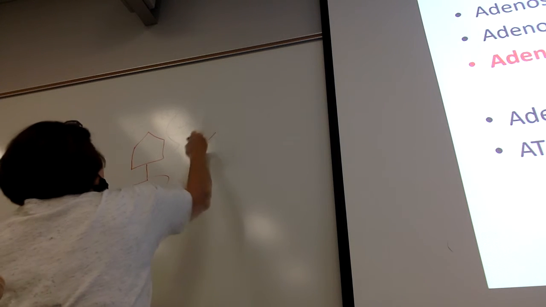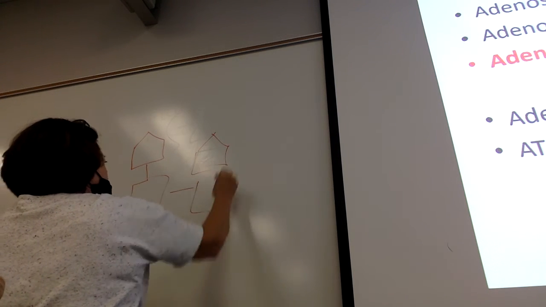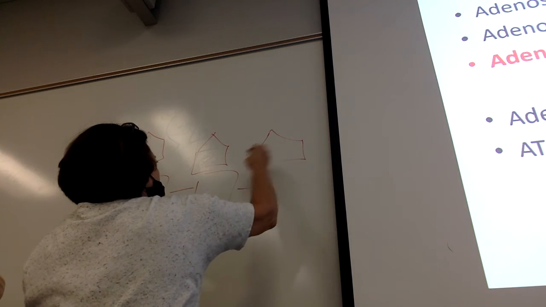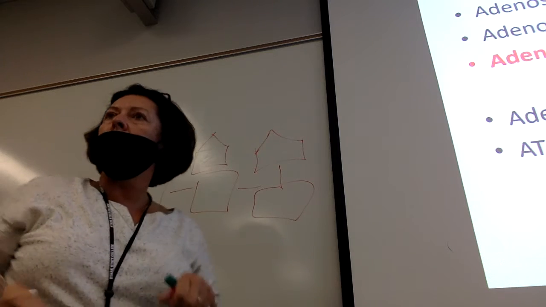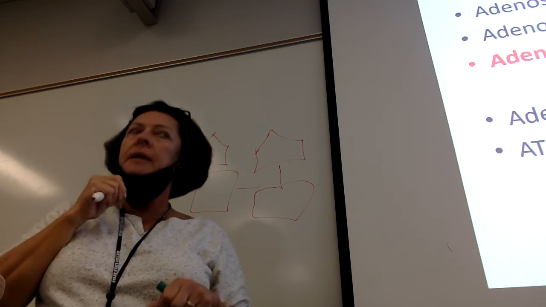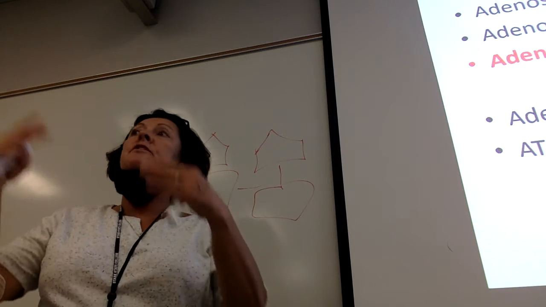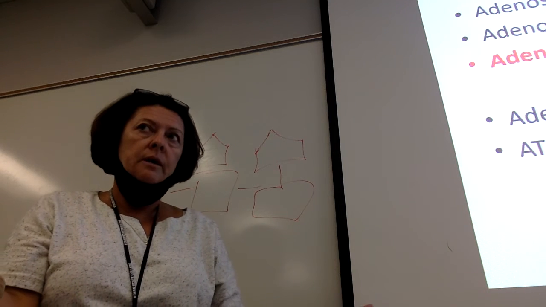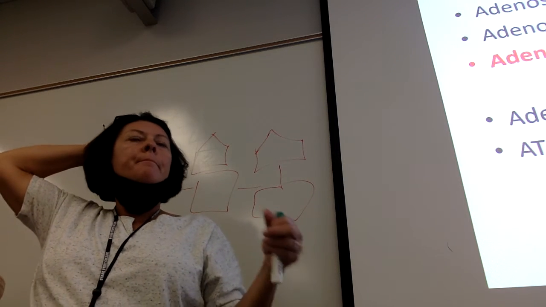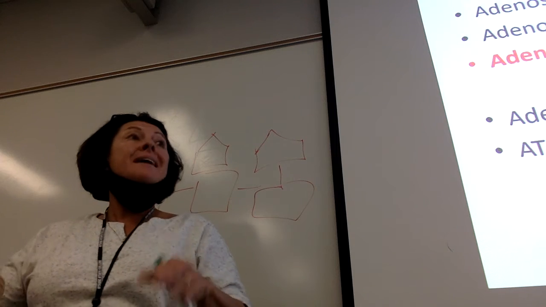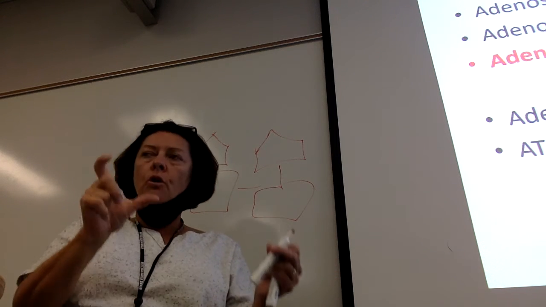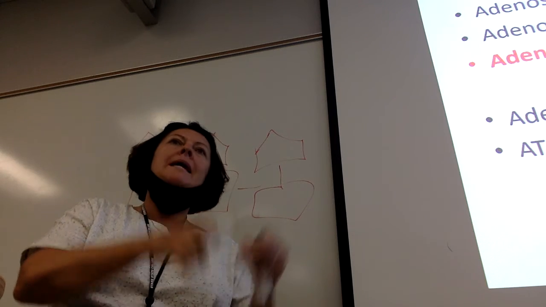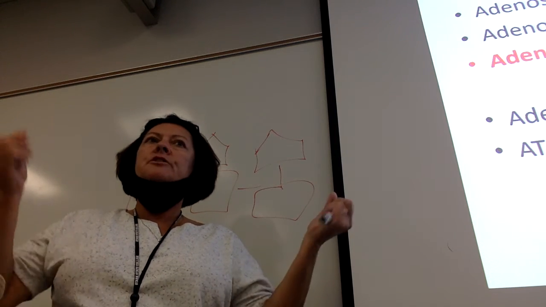Adenosine diphosphate is two of them, and adenosine triphosphate is three of them. When there's three of them together, they make ATP, and ATP is the energy that makes your body run. So when you think of a small unit that goes together to make something else, AMP is the small unit that goes together to make ATP, the gas that runs your body.